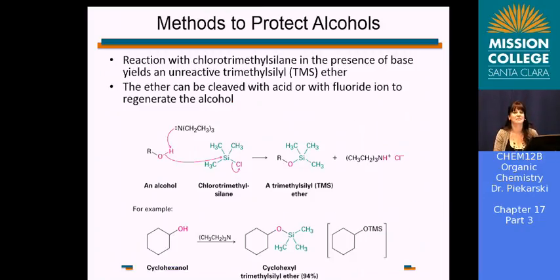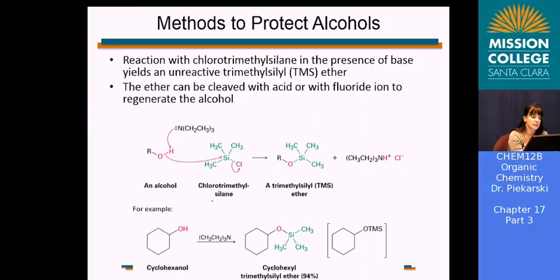So there is a way to get around it, and this is going to be so important to you, especially in multi-step synthesis. We have a method for protecting alcohols. It's very key in organic chemistry to know your protecting groups. What we do is react our alcohol with chlorotrimethylsilane.